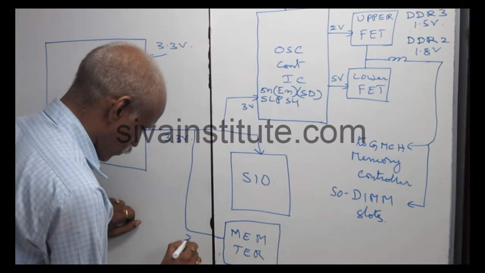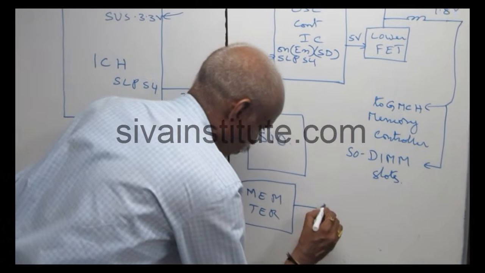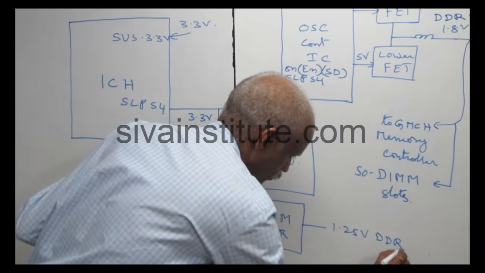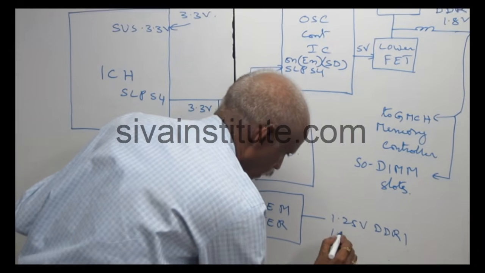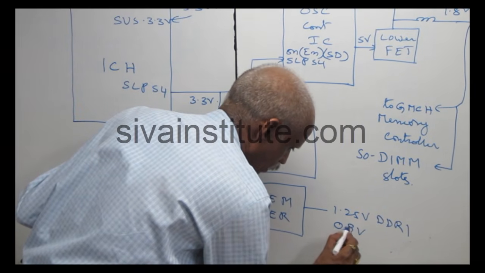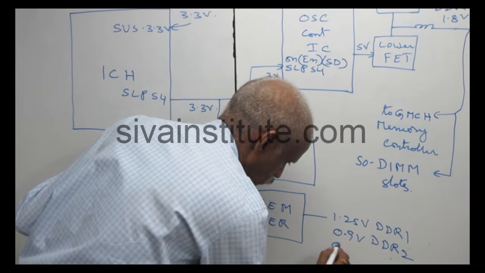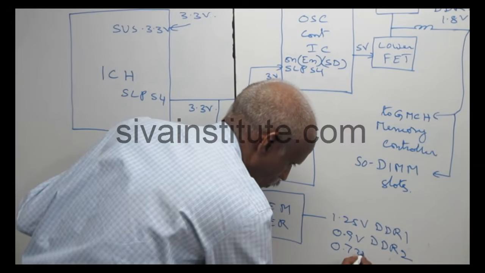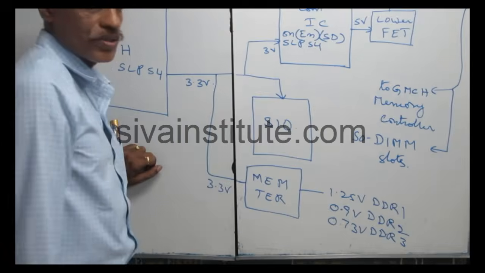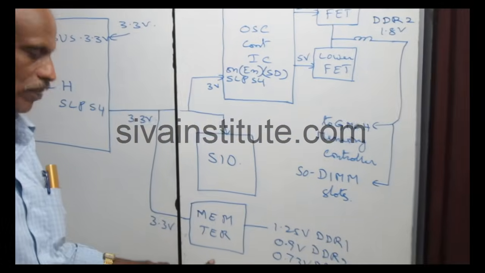When this 3.3 volts comes to this IC, it releases 1.25 volts for DDR1, 0.9 volts for DDR2, and 0.73 volts for DDR3. This voltage goes to the memory DIMM slots, termination resistors and capacitors.